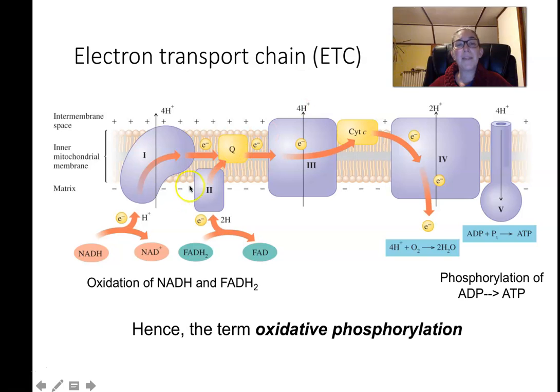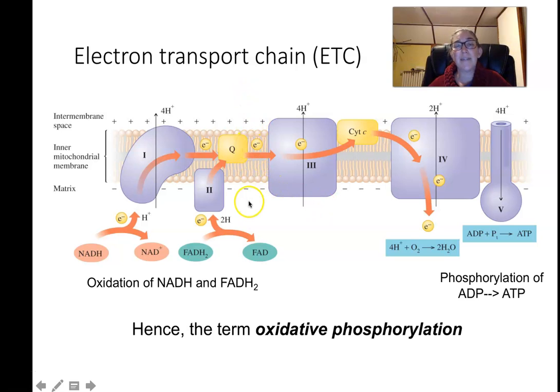So they pump these protons into this intermembrane space, and you end up with a whole bunch of positive charge in the intermembrane space, and that leaves a negative charge or a charge deficit on the inner membrane in the matrix. And so this is called an electrochemical gradient.